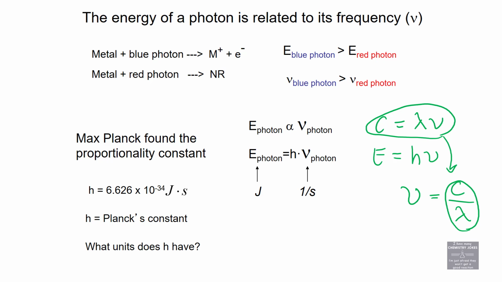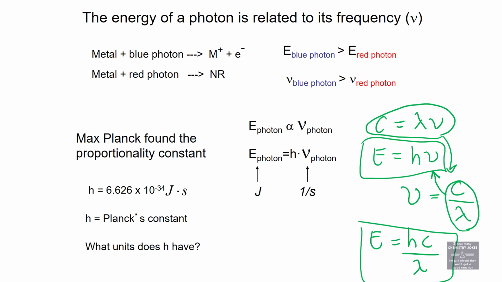So you can substitute that in here, and you can say energy and wavelengths have this sort of relationship. So these three formulas we will use quite a lot throughout Chapter 7 to talk about energy of waves and frequency of waves and wavelengths of waves.